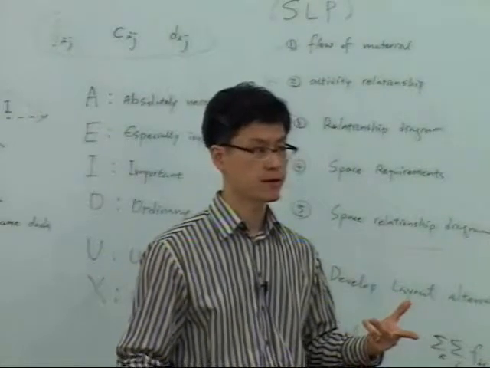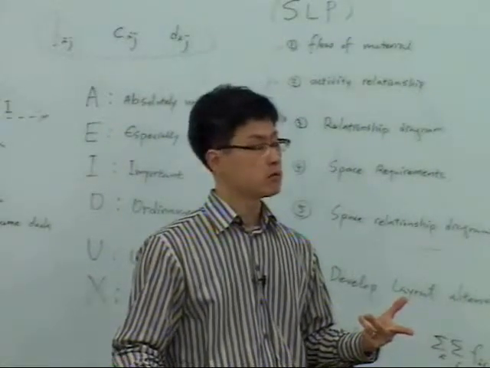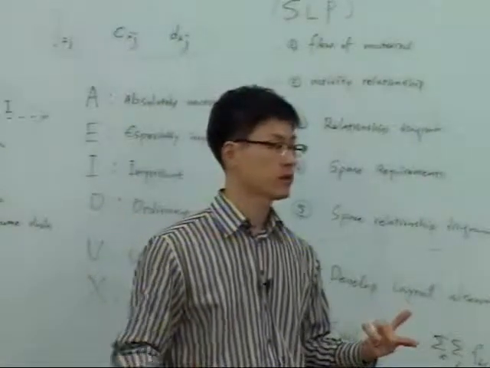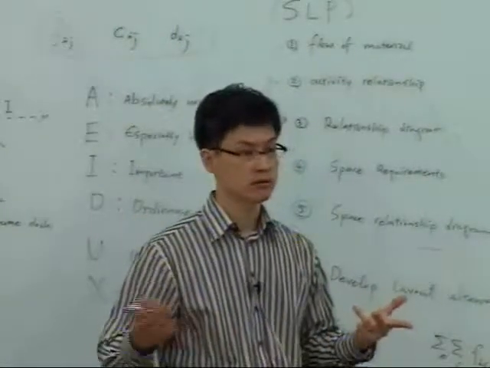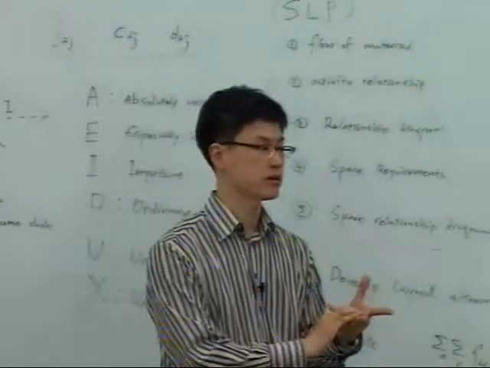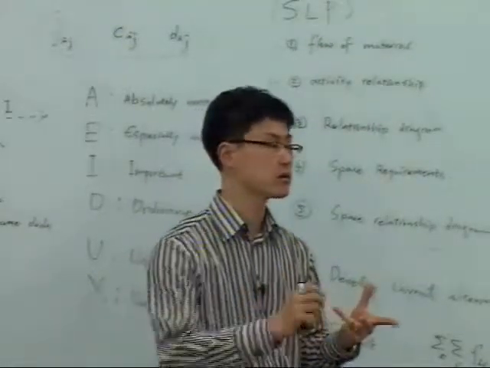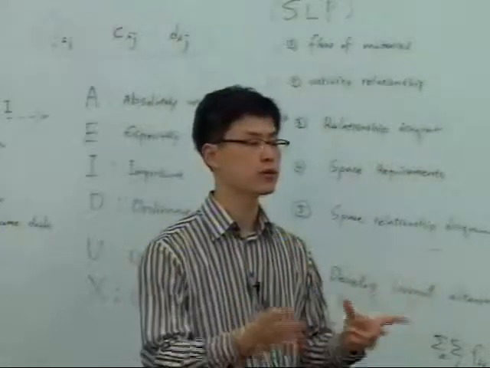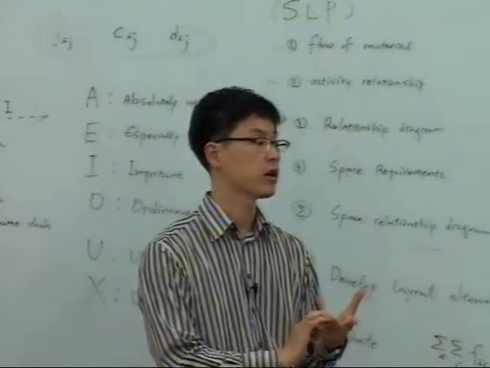For example, restroom, parking lot, or locker room, or something like that. Some auxiliary spaces, and access roads and the like. You have to summarize all this kind of space requirement.